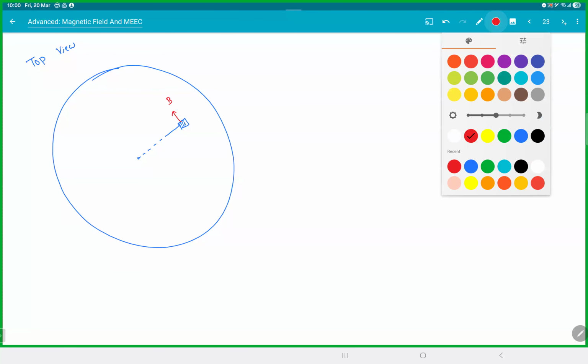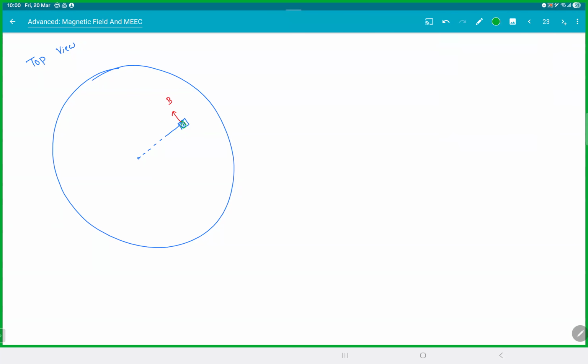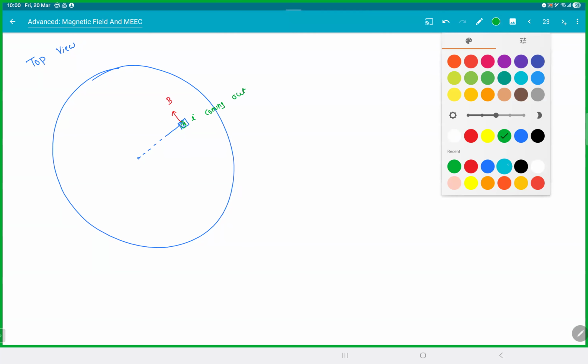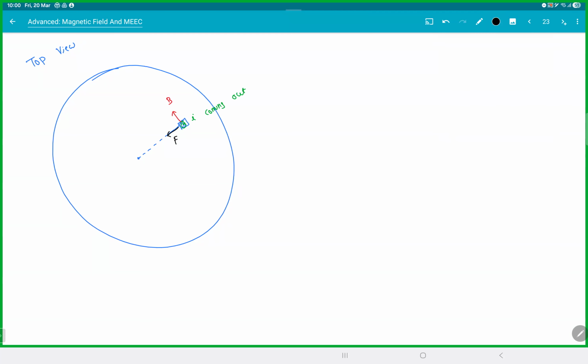The current is coming out. The force is inward. So on that small piece, the force will be integral I dl B, and anyway here it is sin 90. So this is the summation of all the forces, in vector form.